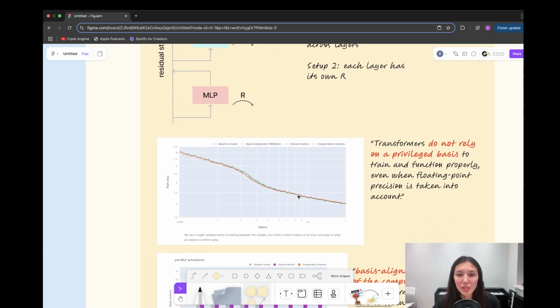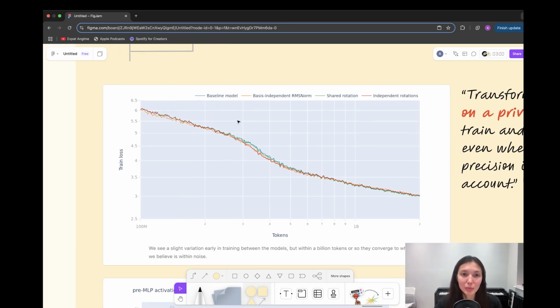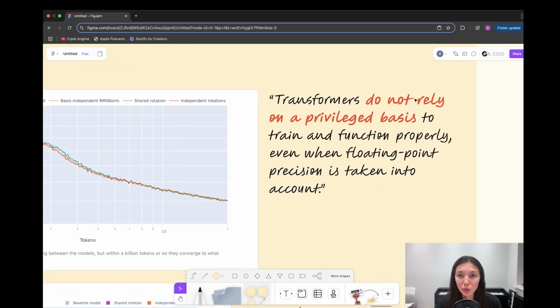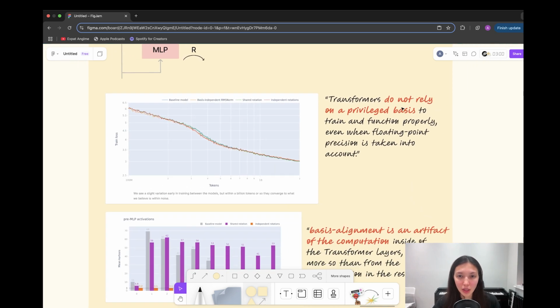The result of this experiment was that they didn't see any difference in training loss between the baseline model, shared rotation and independent rotation, so setup 1 and setup 2. The conclusion was that transformers do not rely on a privileged basis to train and function properly, even when floating point precision is taken into account.